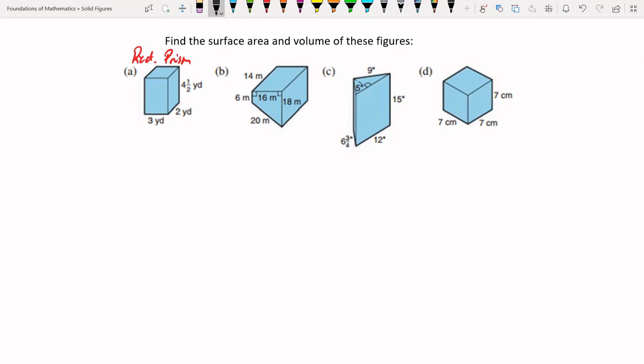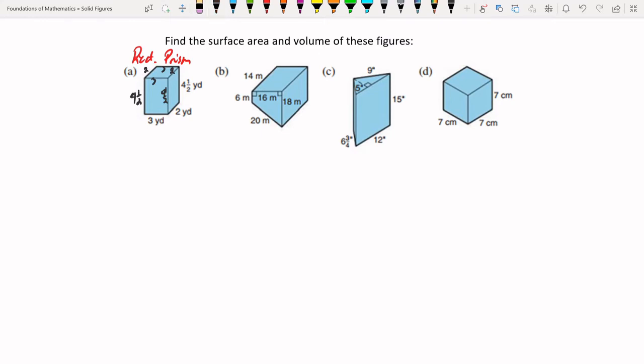Now, for every prism, especially rectangular prisms, opposite faces have the exact same area. That's because all of the measurements are the same. This height is 4.5 yards, and this one here is 4.5 yards. Up here we have 2 yards, 2 yards. This is 3 yards, and that's 3 yards. That's because of the way a rectangle is defined.